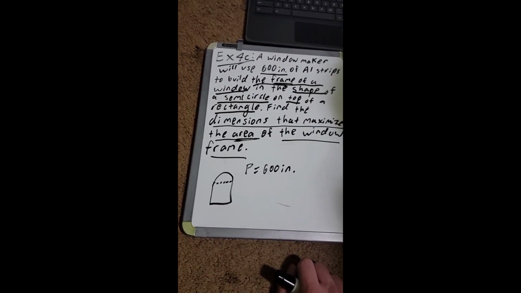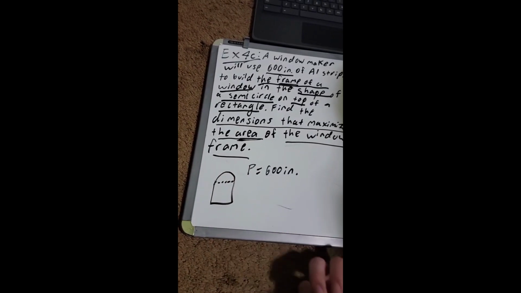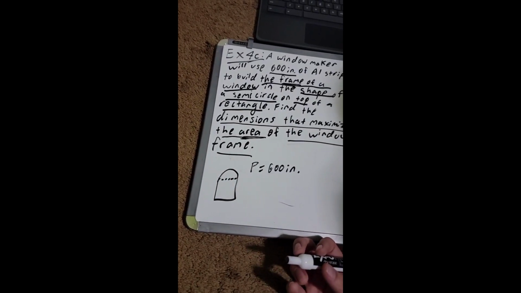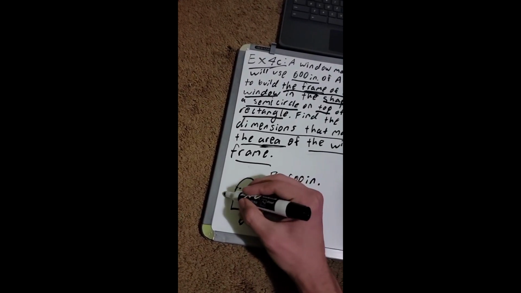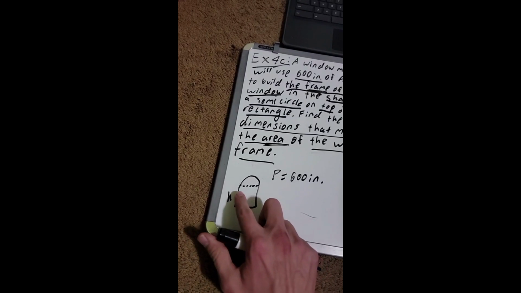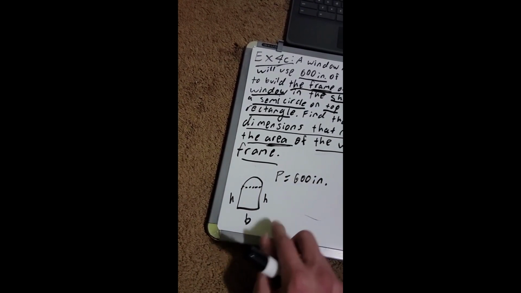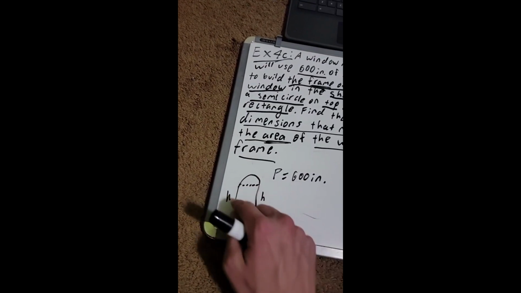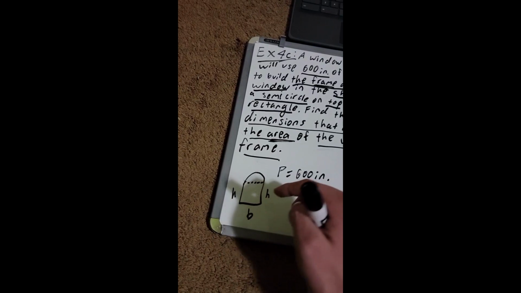All right, so if we're going to find dimensions of this window, we're going to need some variables for it. I like to use base and height. This is a rectangle, so both of these heights will be the same. This base will also be the same, again, because this is a rectangle, but that's not very useful to us.